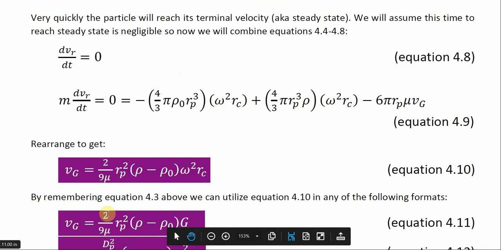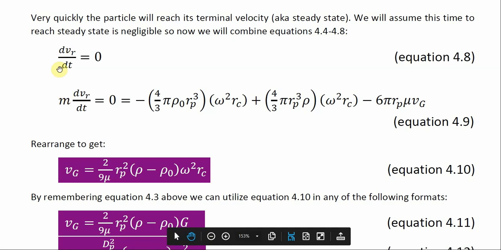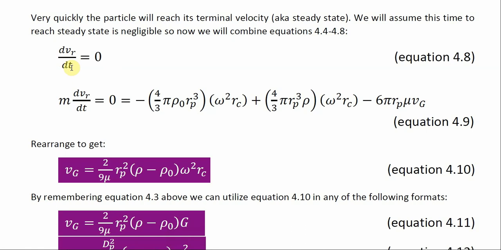Okay, so very quickly the particle will reach its terminal velocity, aka it will be in steady state. We will assume this time to reach steady state is negligible. So now we will combine the last 4 equations along with this equation, which says dv sub r divided by dt equals 0.